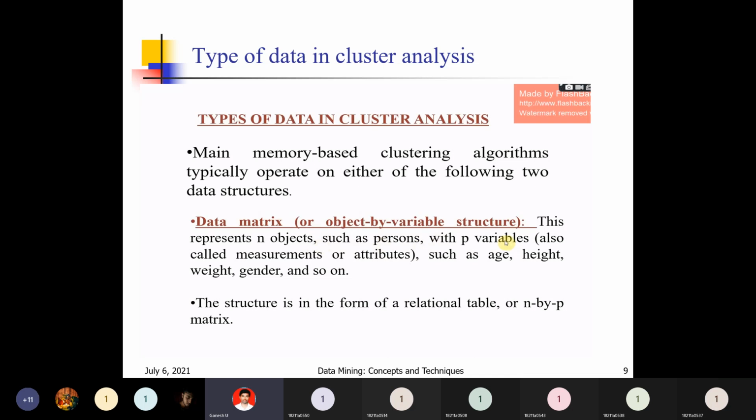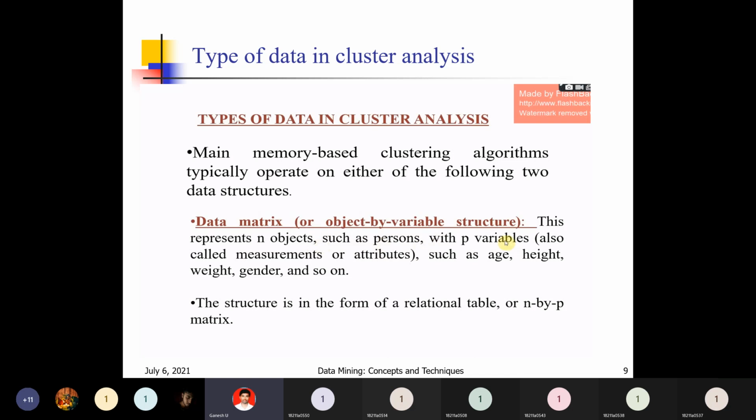These are the attributes. In the data matrix, rows represent different entities, different real world objects, for example 5 employees. What do columns represent? Columns represent the properties, the attributes of each and every employee.